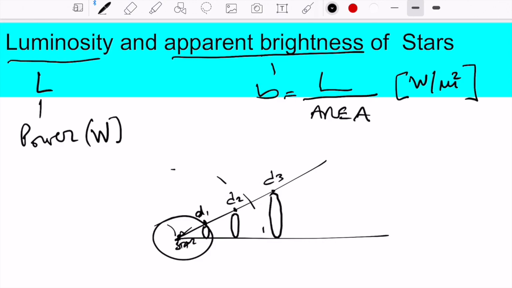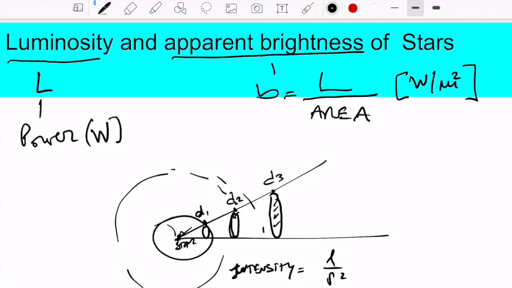So there are two things happening here. On one hand, we see that as the distance increases, the intensity decreases. It's an inverse square law, right? There is less power as you increase the distance. And the area that is affecting this is increasing also with the distance, right?